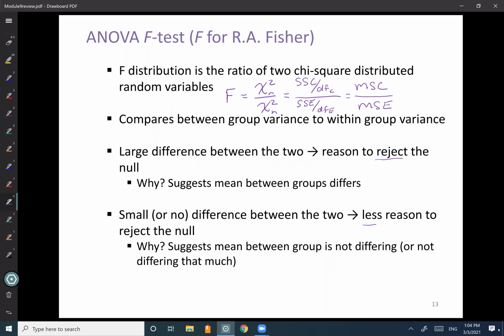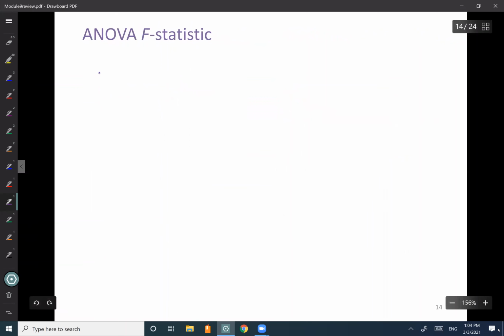Okay, if we look at our F, we had the sum of squares for the between divided by the degrees of freedom for the between, and the sum of squares for the error or within divided by the degrees of freedom for the error, equal the MS, so the mean square for the groups divided by the mean square for the error.